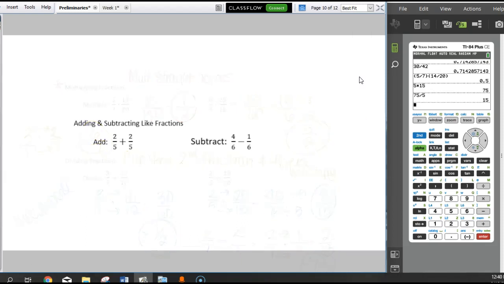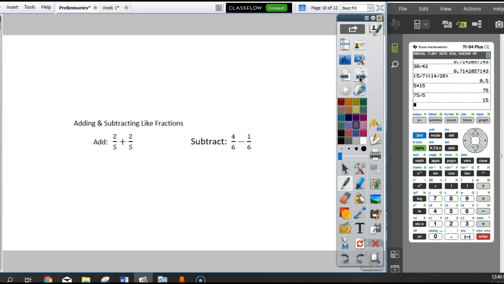All right, moving right along, adding and subtracting like fractions. So what we mean by like fractions here is the same denominator. And having the same denominator is very convenient because it means that we're talking about the same type of item.